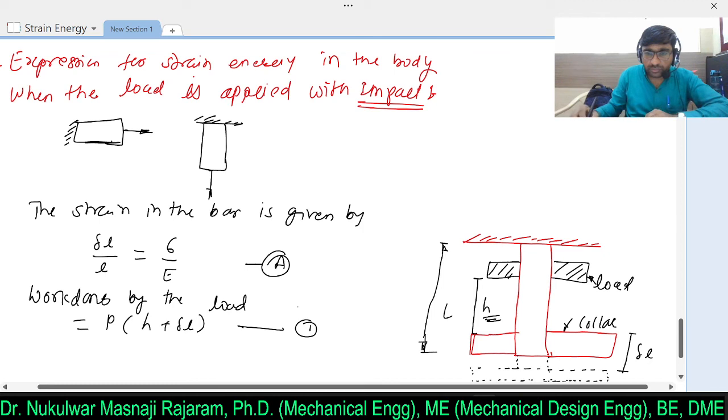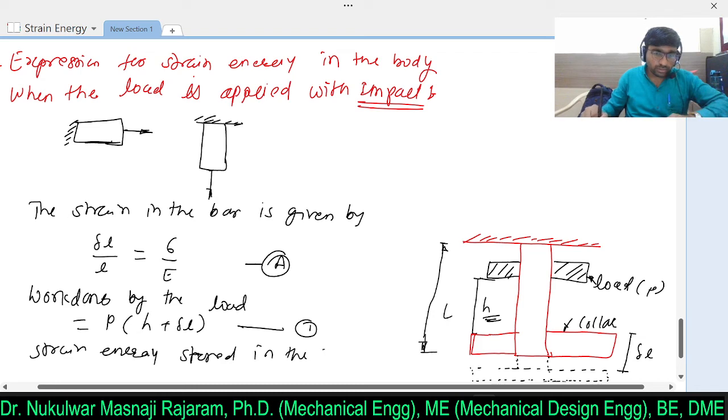So how much work done will be there? Whatever the load is, I can say P, then it gets multiplied with (H plus delta L). Clear. Now strain energy stored in the rod. Clear.